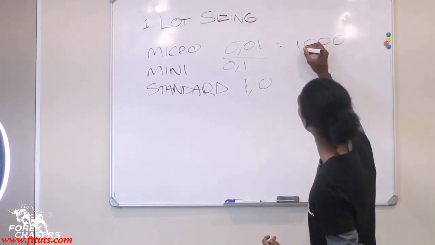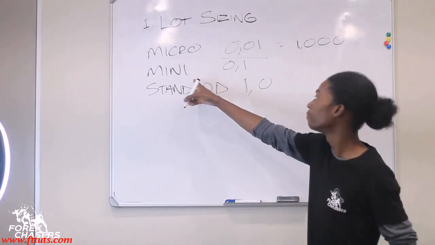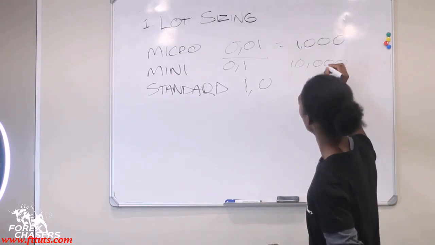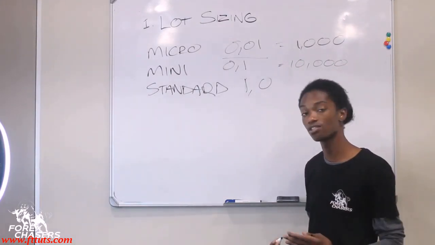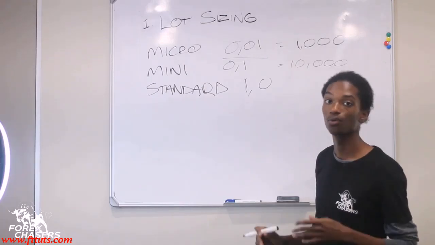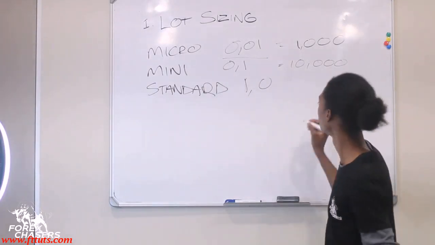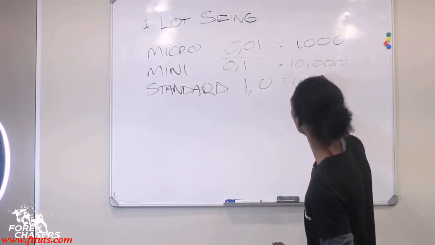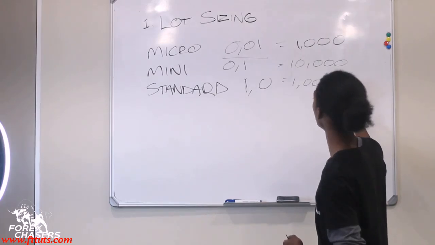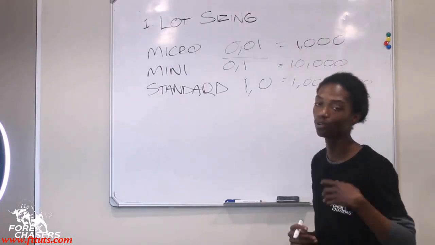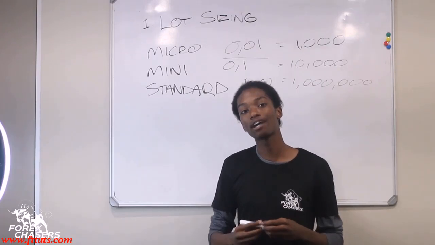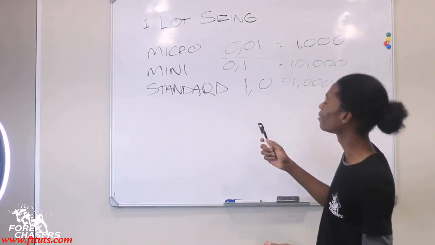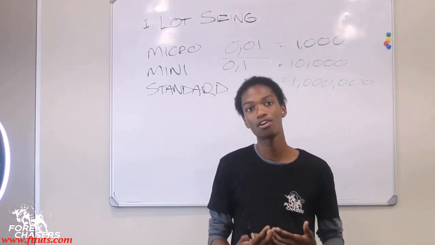One mini lot is 10,000 units of currency. One full standard lot is 100,000 units of currency. So a lot of people would ask, how do I, with my $100 account, manage to trade, for example, 10,000 units of currency?